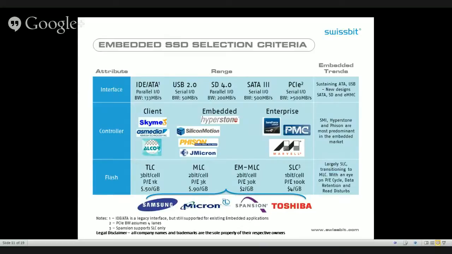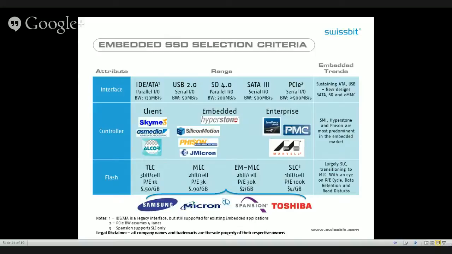In the middle are the embedded controller suppliers, and here I have listed four of the primary suppliers in the embedded market: Hyperstone, Silicon Motion, Phison, and J-Micron. Hyperstone is fully focused on the embedded market, and Silicon Motion, Phison, and J-Micron play in both the client and the embedded space.